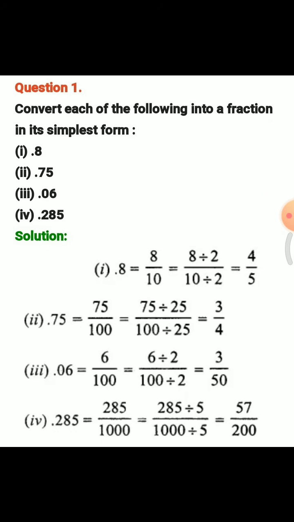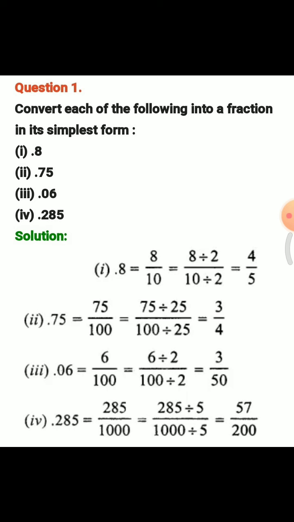The first question is: convert each of the following into a fraction in its simplest form. The question is 0.8. So at first you convert it into the fraction term. Your answer will be 8 by 10, because after the decimal place you find only one digit. So for one digit you take 10.